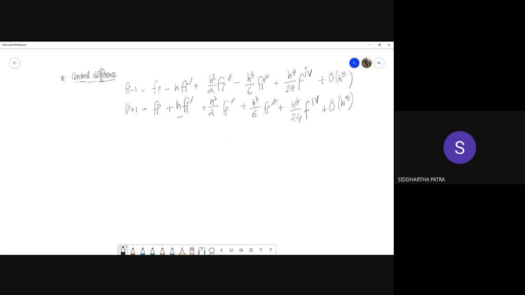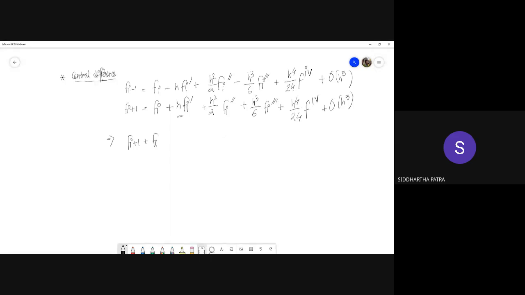And if you look carefully, simply by adding these two expressions, you can get rid of all the odd derivatives, all the terms involving the odd powers of h. So if you add these two quantities and then rearrange a little bit, then you would get something like this.